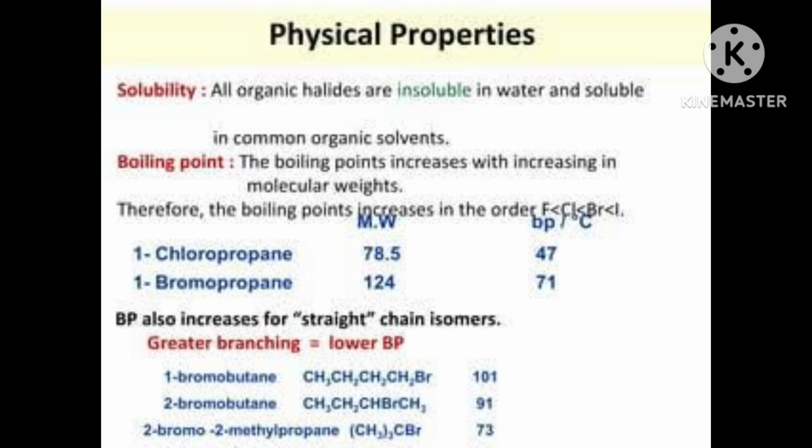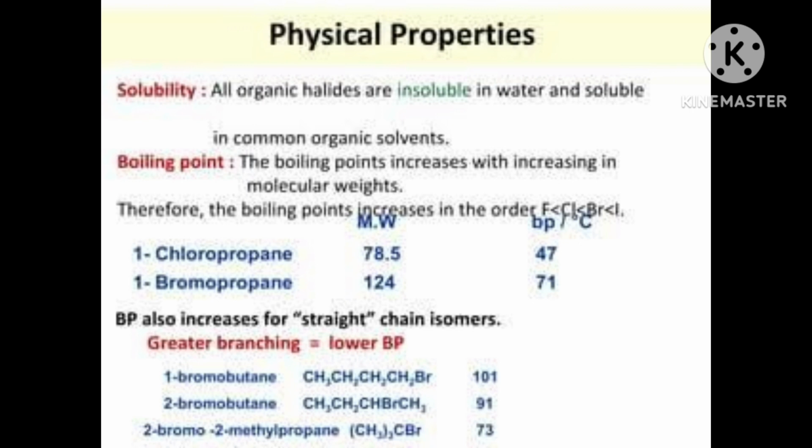Similarly, suppose NaI, sodium iodide, reacts with the alkyl halide. Again NaI will give iodide, I minus, as the nucleophile, and as product you will get R-I.